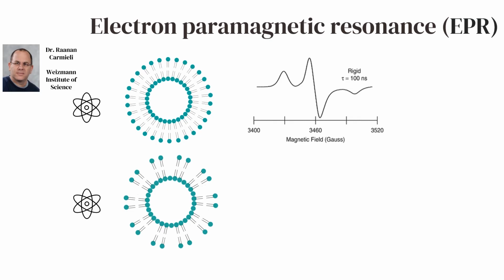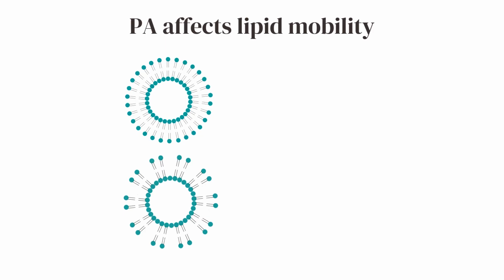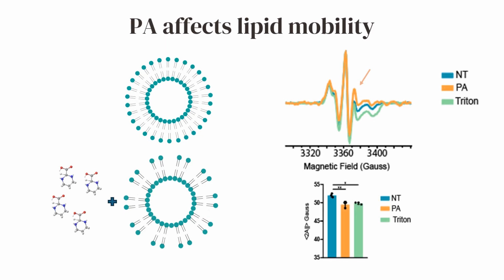We designed a liposome with unpaired electrons, and we treated these liposomes with pipecolic acid and measured them in the EPR. And we were very happy to see that pipecolic acid managed to shift this signature, meaning pipecolic acid interacts with the lipids, making them more mobile, and maybe this is how it softened the cells.